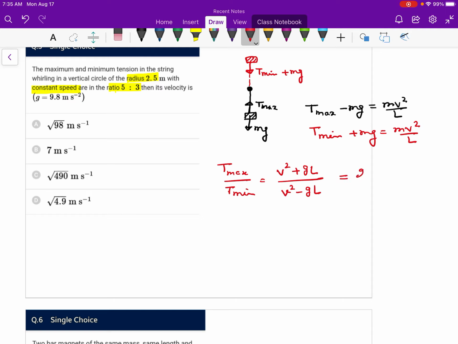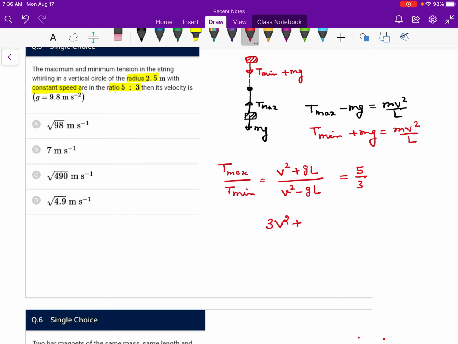Okay, so Tmax upon Tmin is given, and ratio is 5:3. So 5 by 3 equals (v square plus gL) upon (v square minus gL).